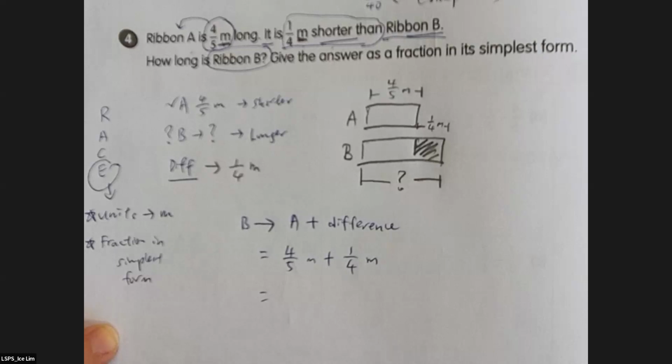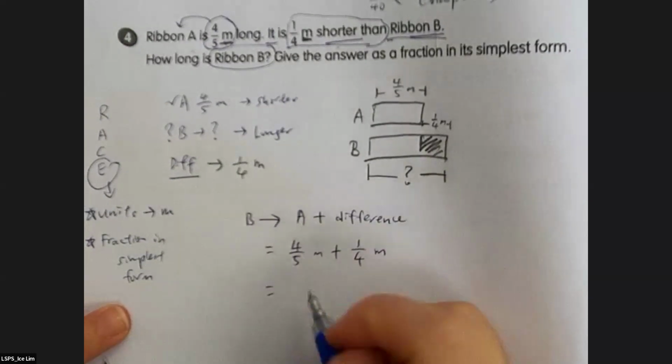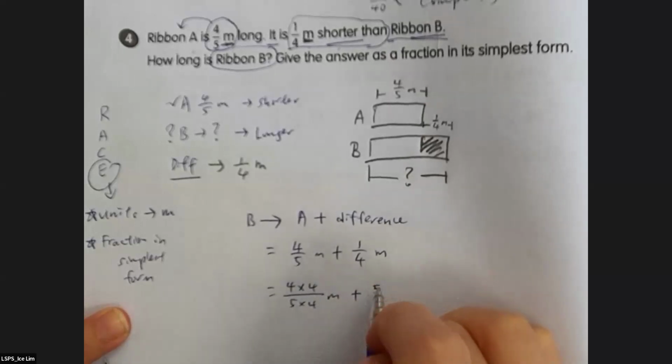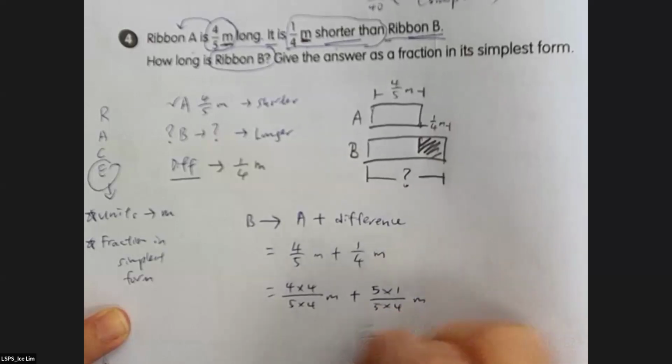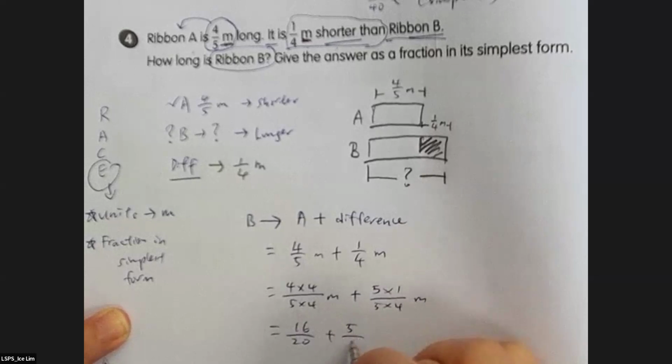Is this the same? It looks a bit different from Scarlett's answer though. If his is one out of 40, yours is 1/20. So is it out of 40 or out of 20? Okay, so I will do it like 4 times 4, then 5 times 4 meter, plus 5 times 1, and then 5 times 4 meter. 16/20 plus 5/20.